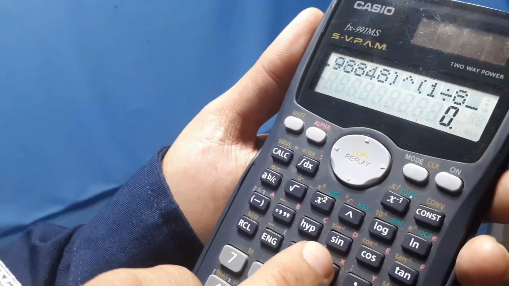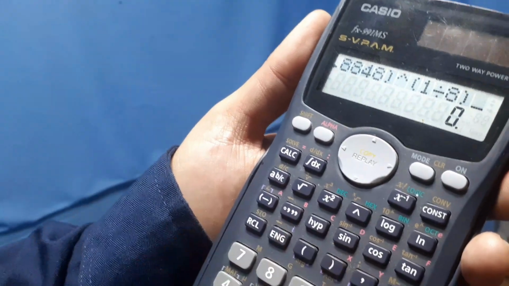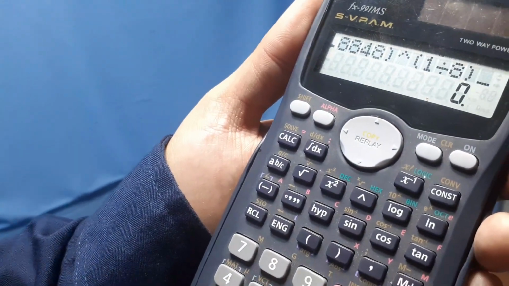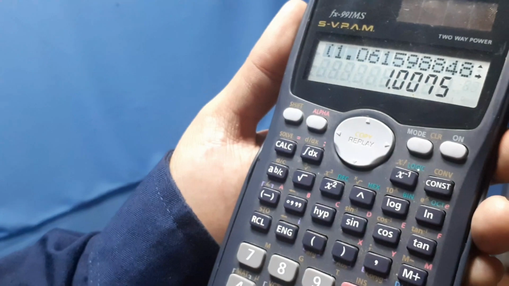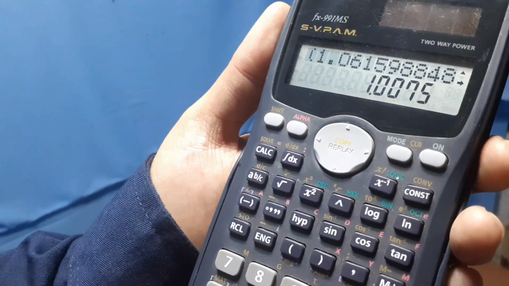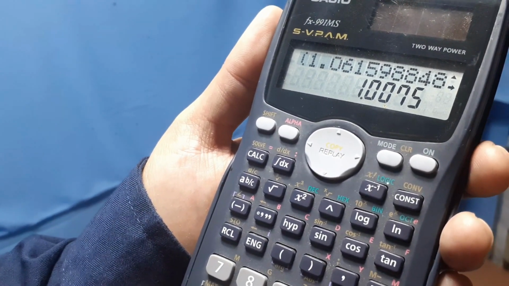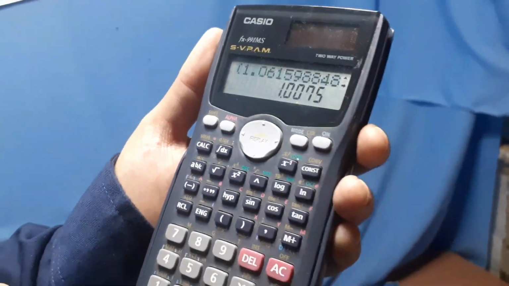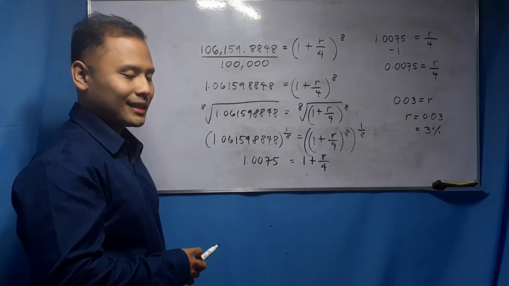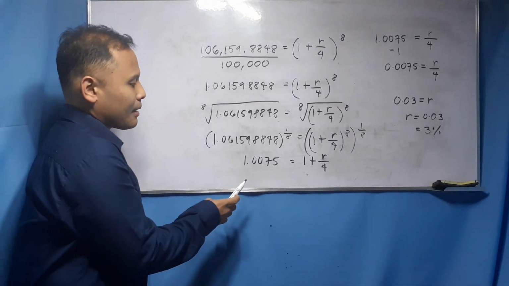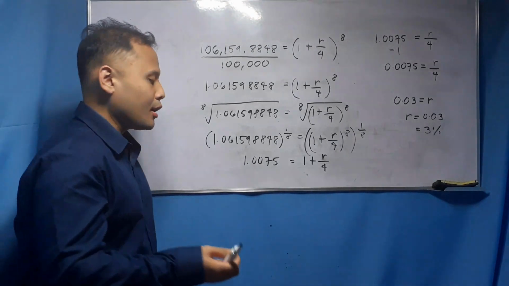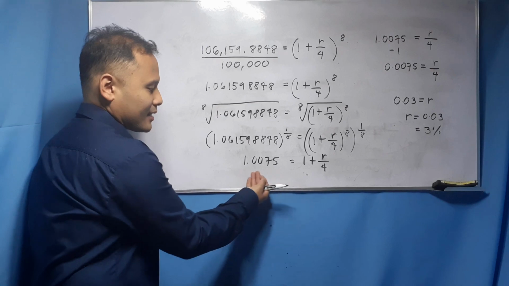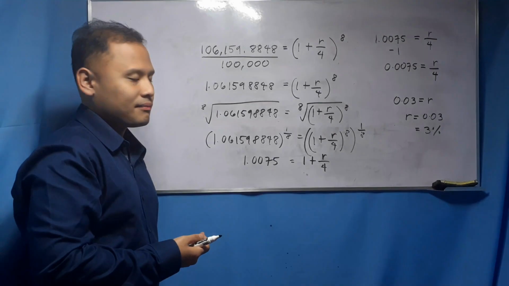Then we press the close parenthesis, and then the equal sign. So that's it. We have the value 1 and 75/10,000ths, obtained using our scientific calculator.